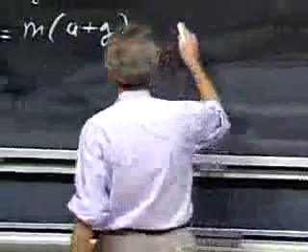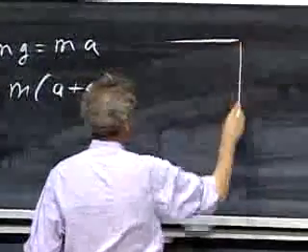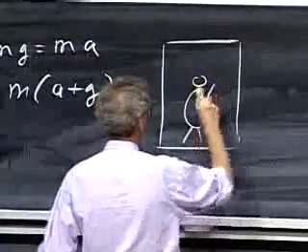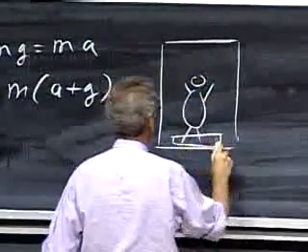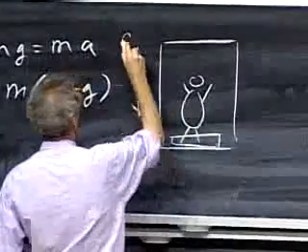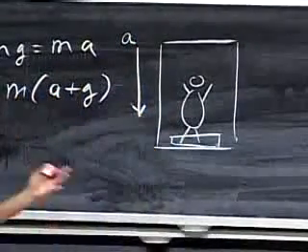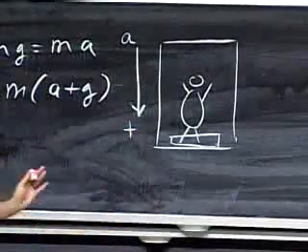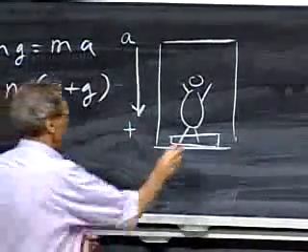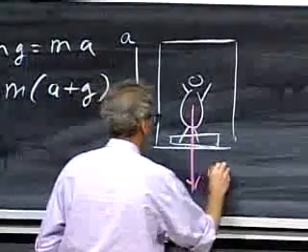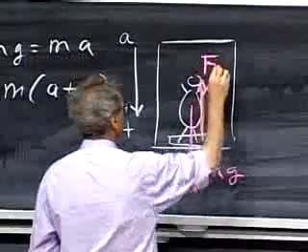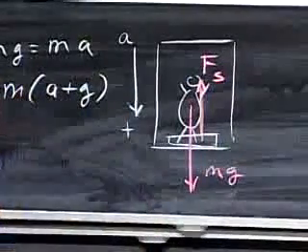Now, I'm going to put you in the elevator. Here you are. And I'm going to accelerate you down. This is now a. And just for my convenience, I call this now the plus direction. It doesn't really matter. So now we have here mg, that is gravity acting upon you. And now you have the force from the bathroom scale.